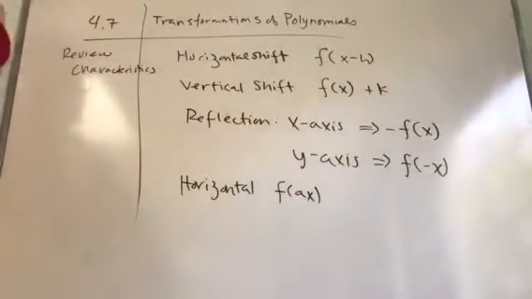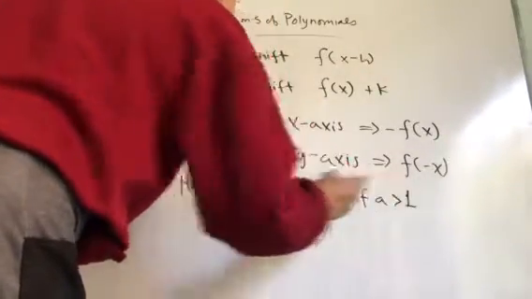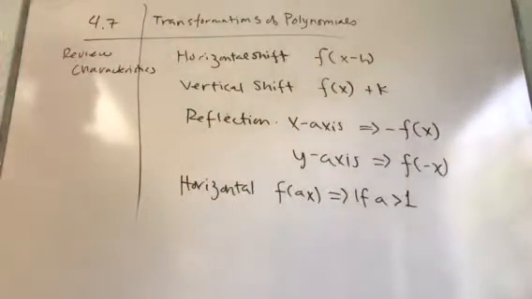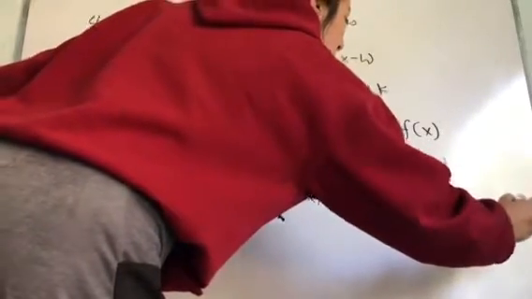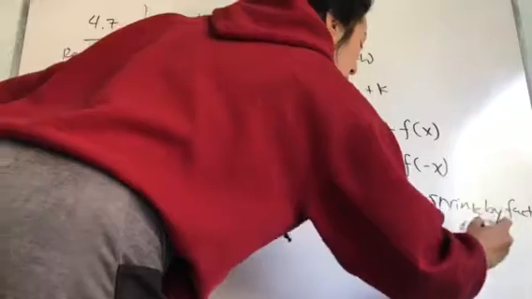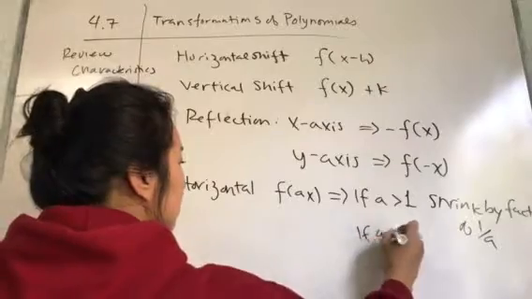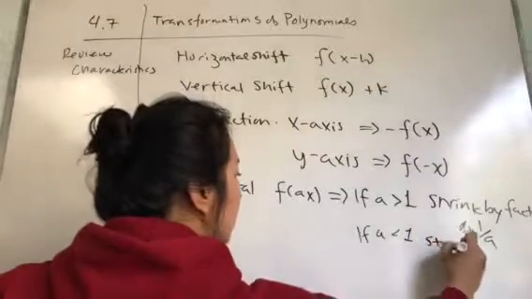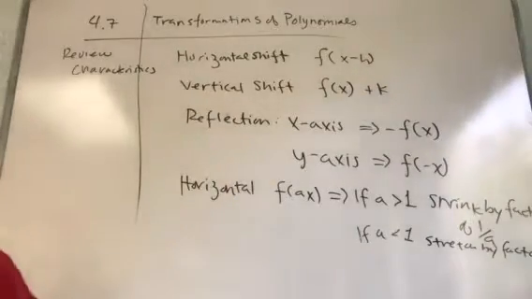If a is greater than 1, like 2x, then you'd be shrinking it by a factor of 1 over a. If a is less than 1, you would be stretching it by a factor of a. That would be the horizontal stretch.